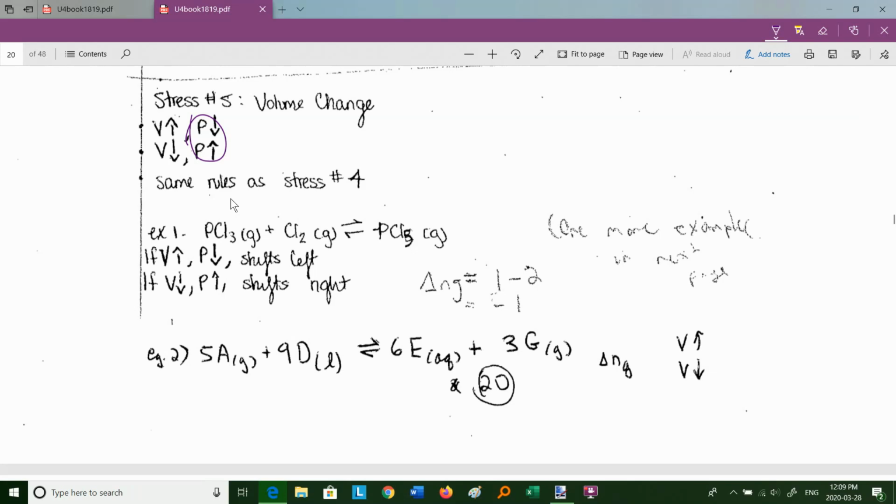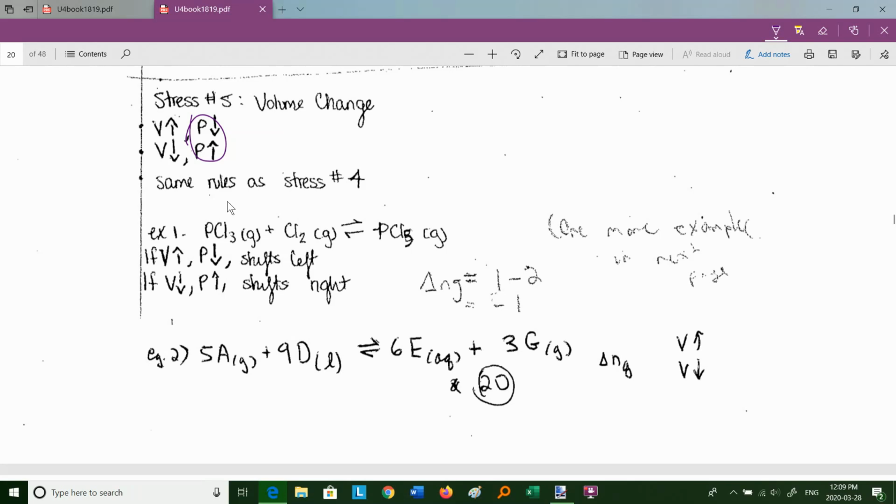Well, if the volume goes up, the pressure goes down, and Le Chatelier is going to shift to the left because we were trying to regain the pressure that we had before. And obviously, if volume goes down, pressure goes up, and then we're going to say, whoa, I got too much vapor there, so I'm going to shift to the right. So from 2 gas mole coefficients to 1.